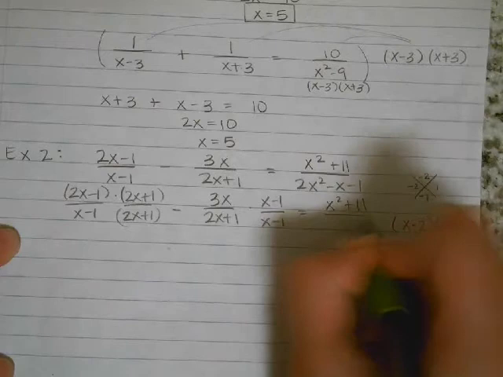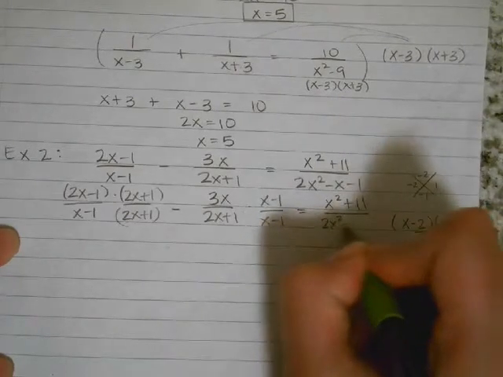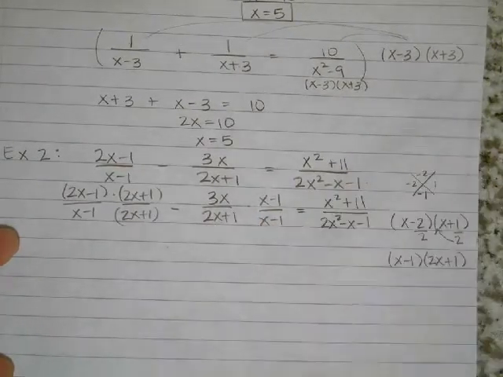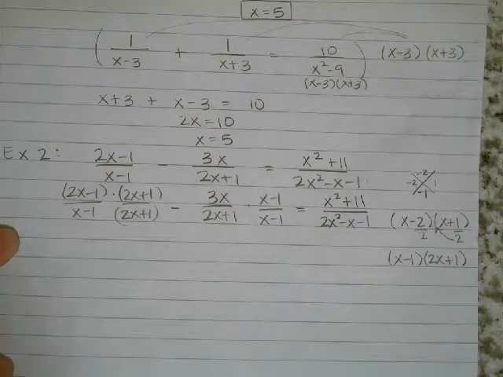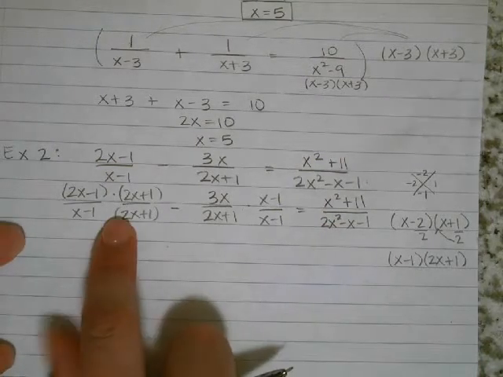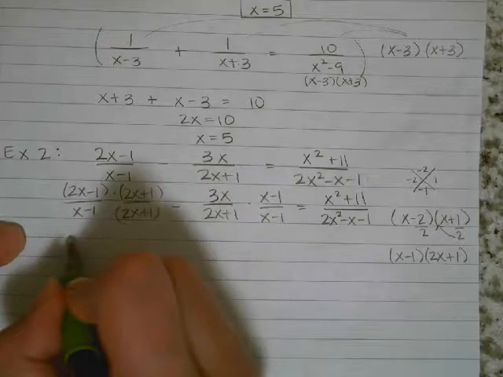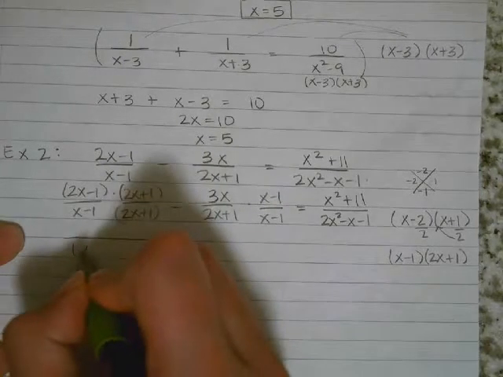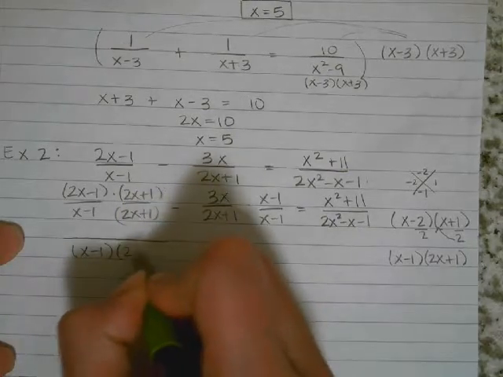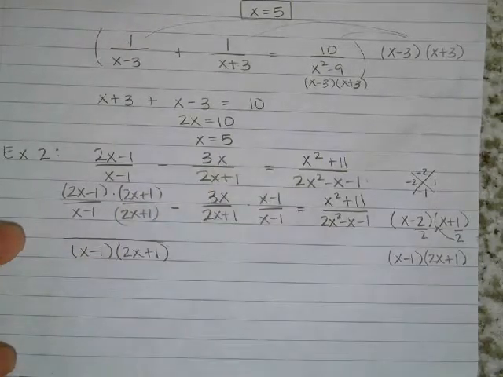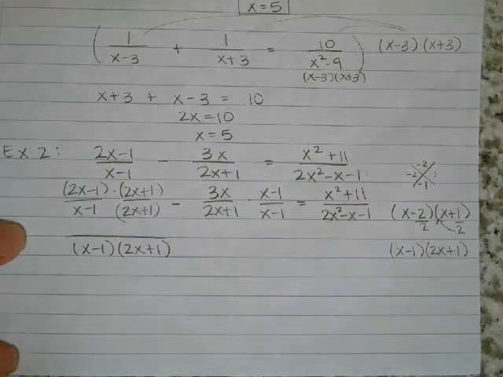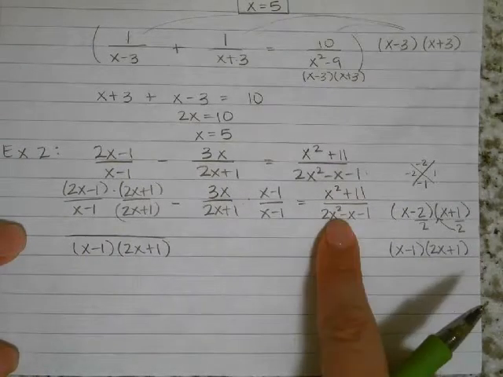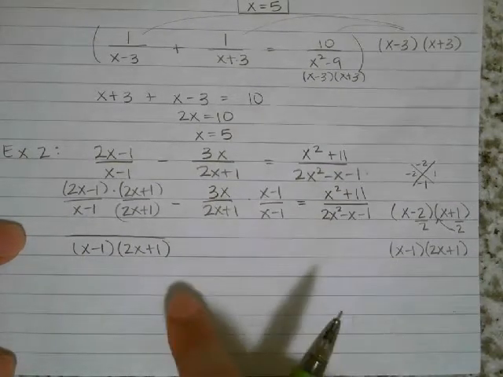And then the right side already has everything, because that was built from those two parentheses. Okay, so for the first piece, I have that common denominator, and you can write it in the factored form, or you can write it in the expanded form. Whatever way you write it is totally fine.